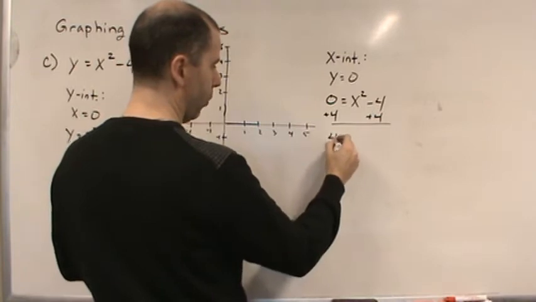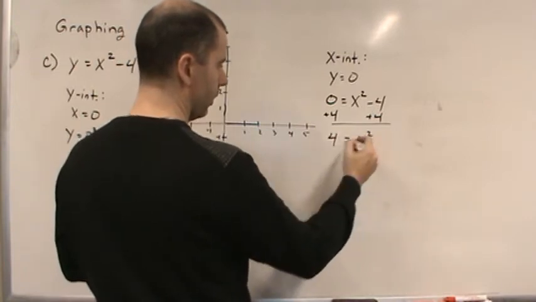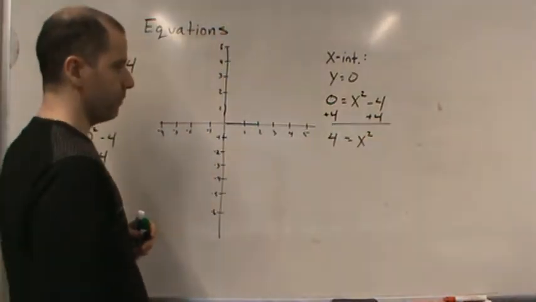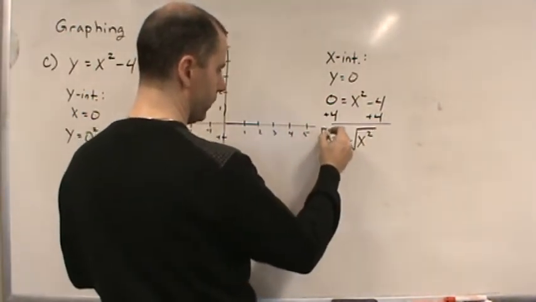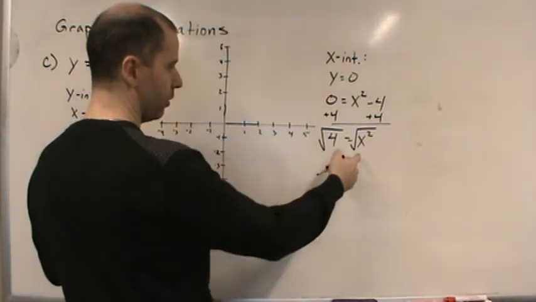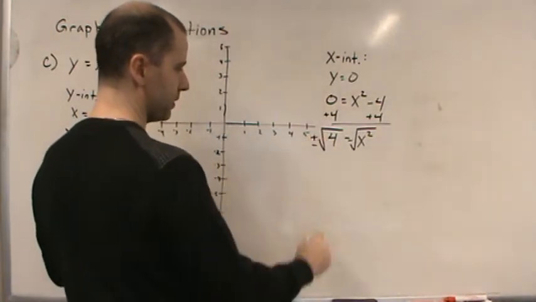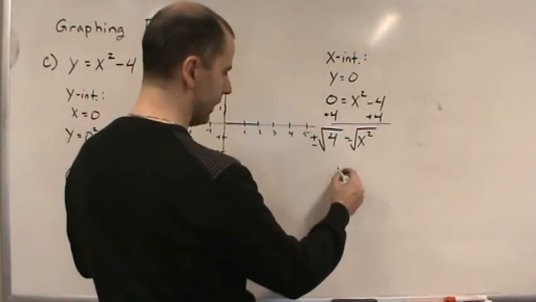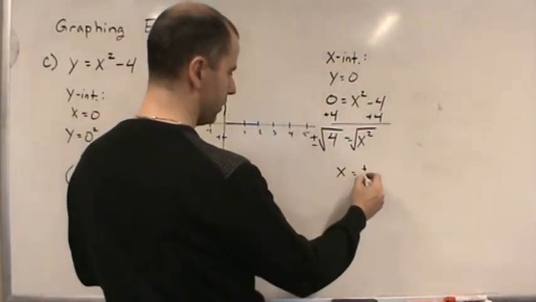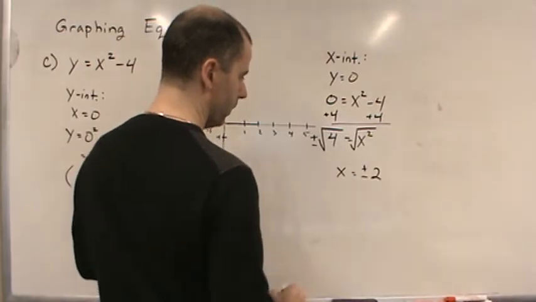And we get 4 equals x squared. And now if we take the square root of both sides, now don't forget, whenever you take the square root of both sides, you have to have a plus minus added. And so now we get x equals plus or minus 2.